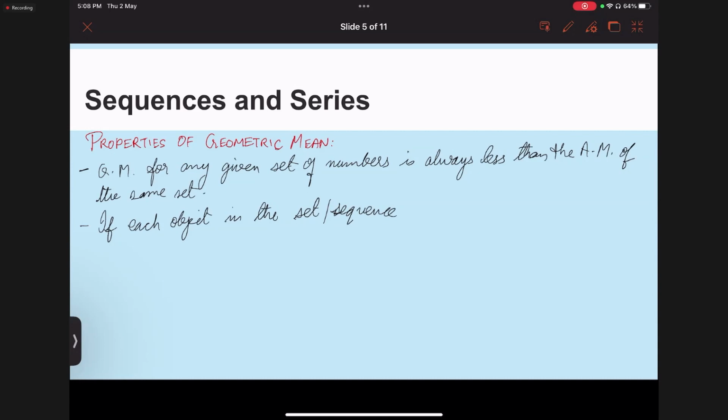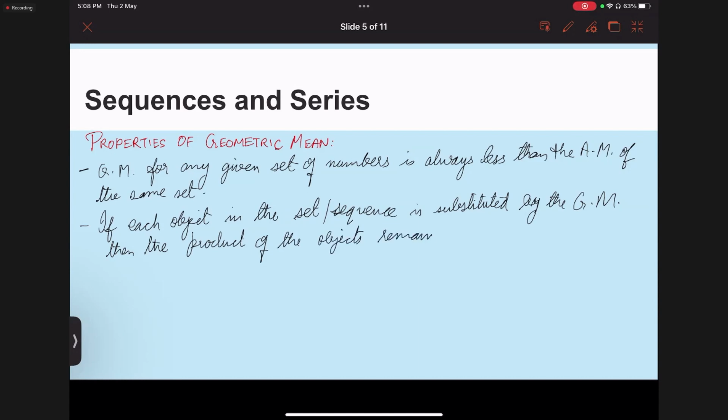So, if each object in the set or sequence is substituted by the GM, then the product of the objects remains unchanged.